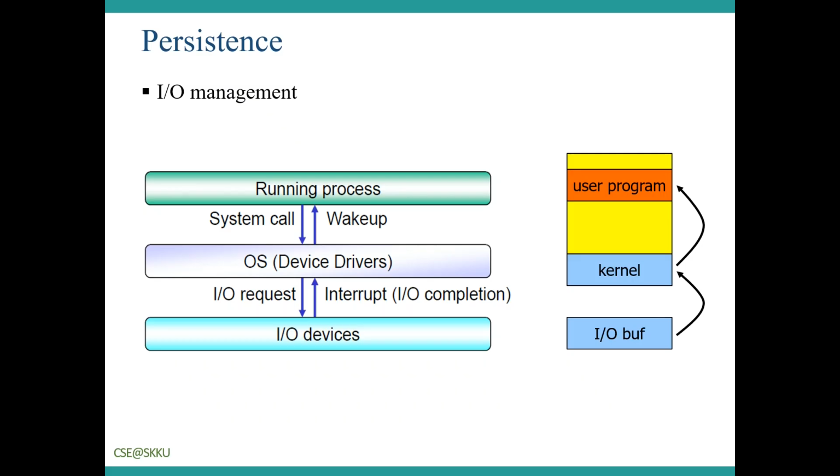Since I/O devices are usually much slower than the CPU, the program doesn't just sit there spinning. It goes to sleep and waits. Once the device finishes the I/O operation, it sends an interrupt to the CPU to say, "Hey, I am done." At that time, the OS wakes the program back up and gives it access to the data.